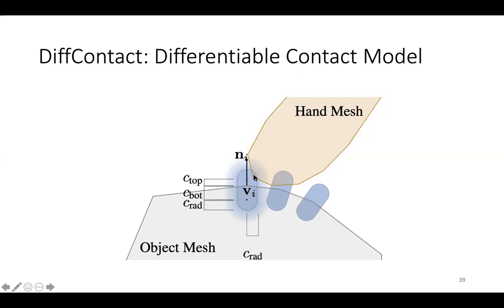And when there's no hand vertex inside this capsule, then the contact value falls off radially with respect to the distance from the capsule. And so this allows us to model a little bit of the soft tissue dynamics of the hand.